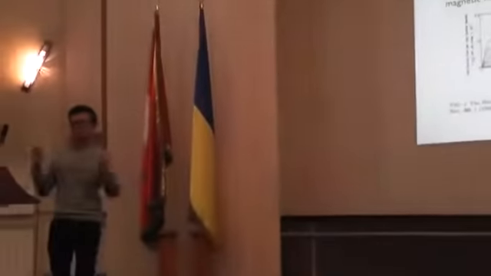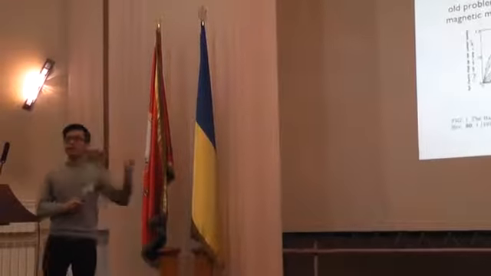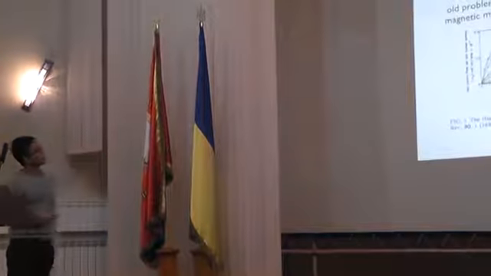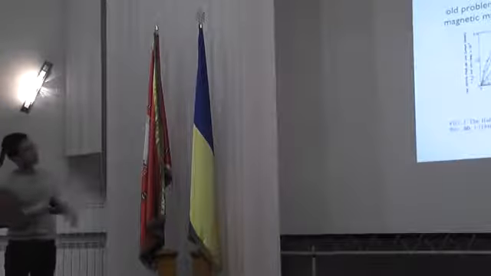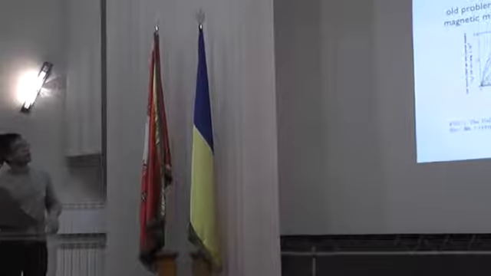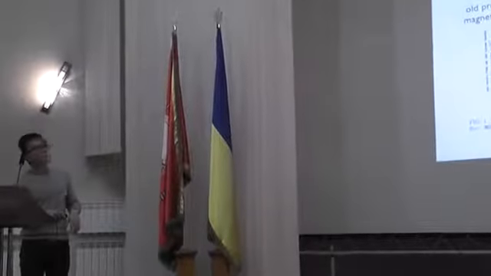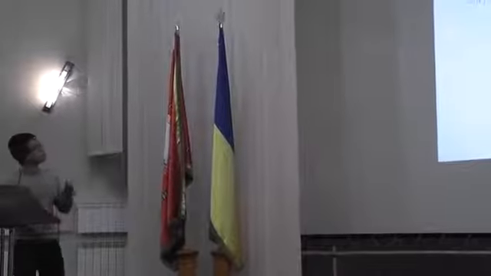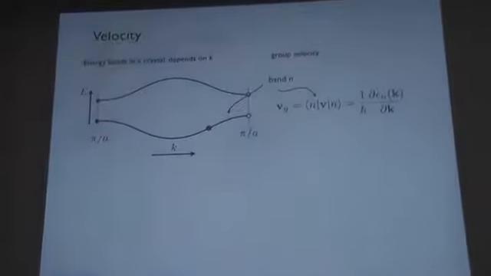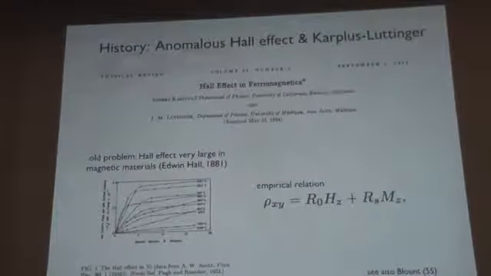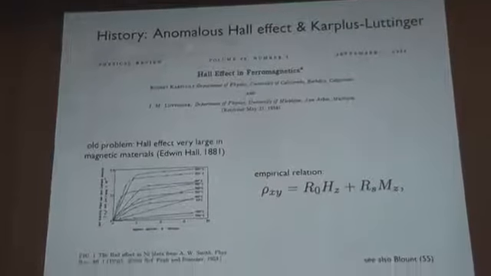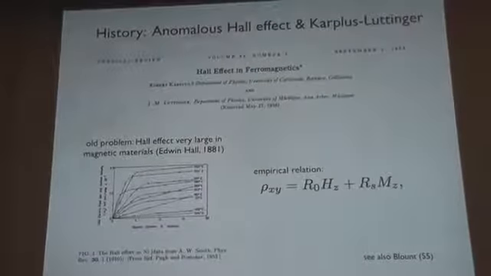This is a long-standing problem, and people still try to solve it. But the role of the anomalous velocity was first identified by Karplus and Luttinger, and also by Blount. So let's try to understand where that came from. I'll give a sketch of what Karplus and Luttinger thought about in their paper, and maybe we'll slowly get into it.